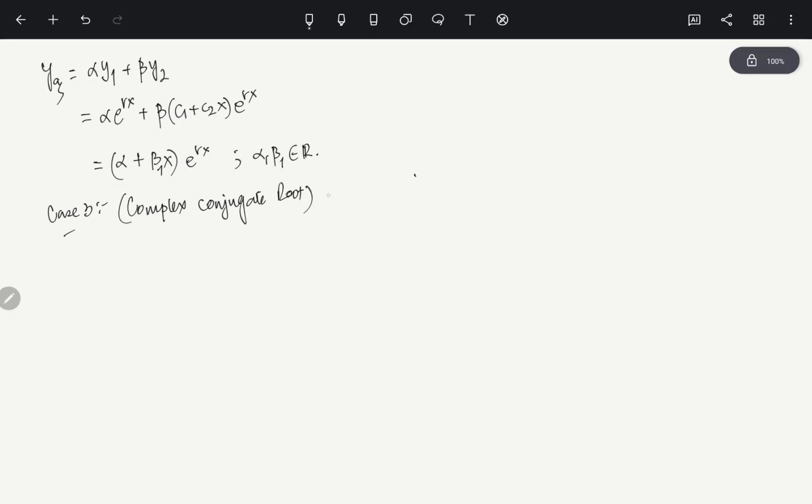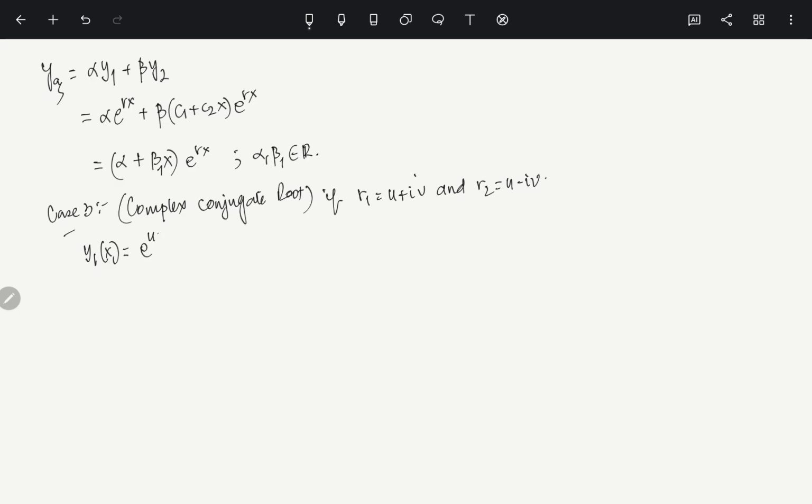So, if R1 is U plus IV and R2 is U minus IV. Clear? Okay. So, in this case, you are going to get two solutions here. So, y1 of x in this case will look like e power r1 of x, right?